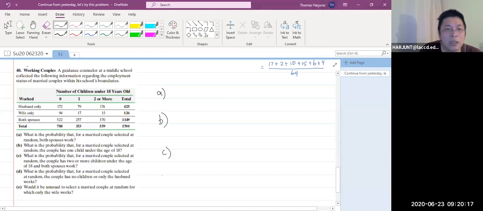Part C and D will take a bit more effort. Now I would like you to write the probability notation, then compute. This should take you around 5 minutes plus 5 minutes break. We come back at 9:30.